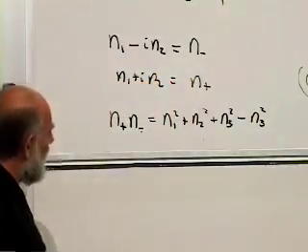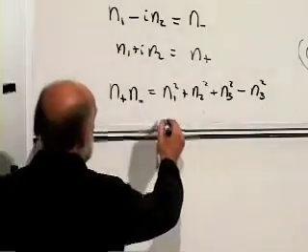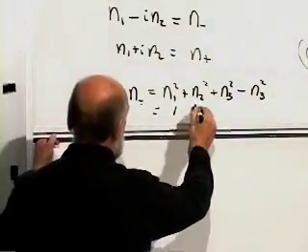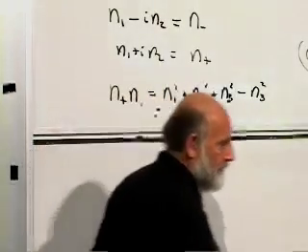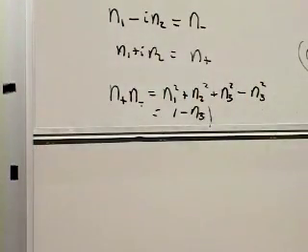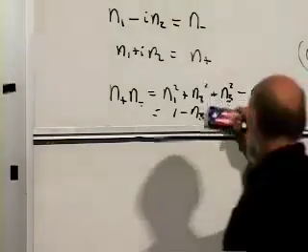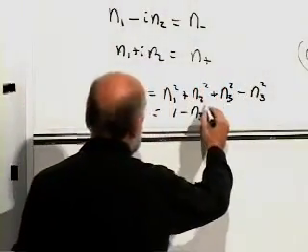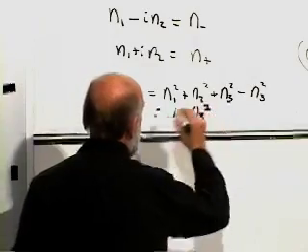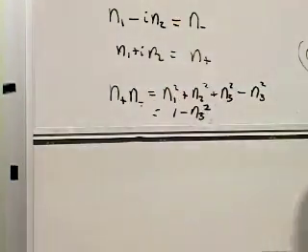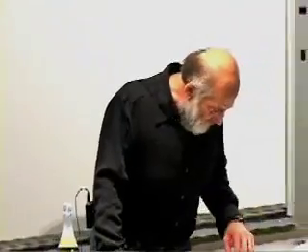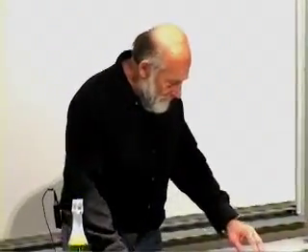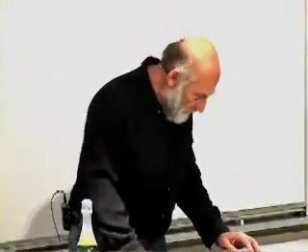I haven't changed it. And now I see that N plus N minus is equal to 1 minus N3 squared. I don't want to square the whole thing, I only want to square the N3. That's a useful little algebraic fact that, if you do the homework which I'm going to assign, you will use over and over again. But it's not anything deep, it's just a little algebraic fact.